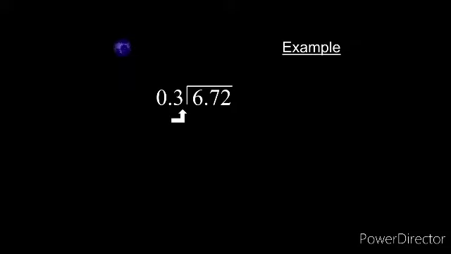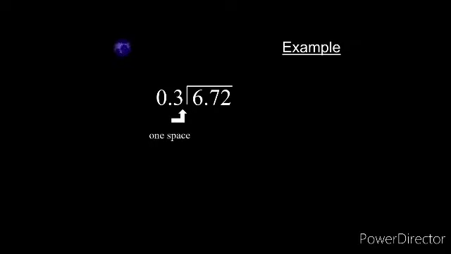The continuation of the rule: after you move the point in our divisor, we will also move the dot of our dividend. Then remember, class, the moving in our dividend depends on how many moves we made in our divisor. So for this example, because we moved only once in our divisor, we will also move once in our dividend.